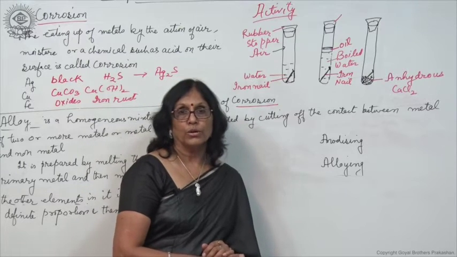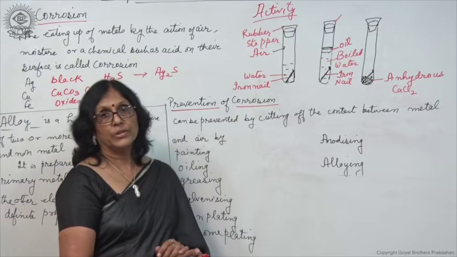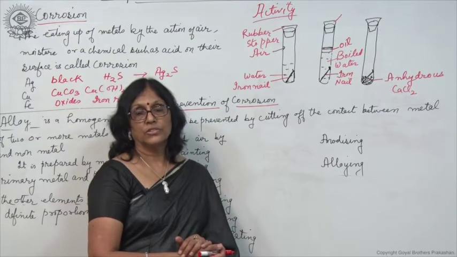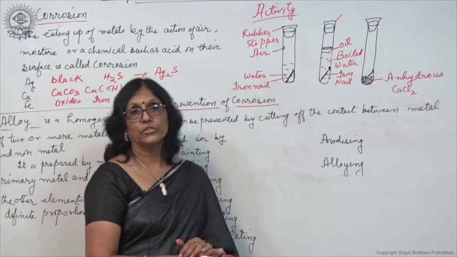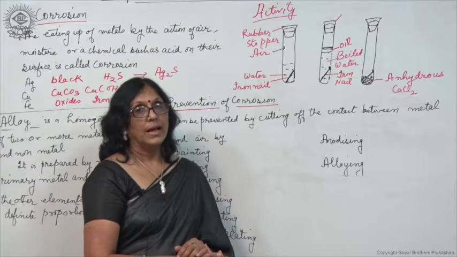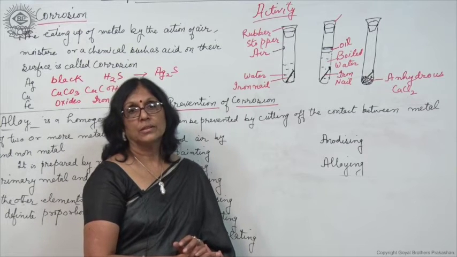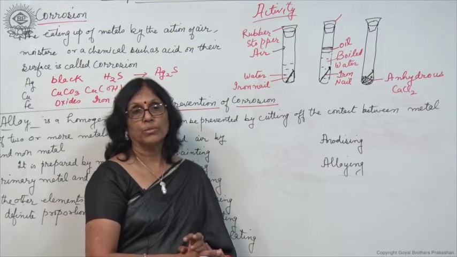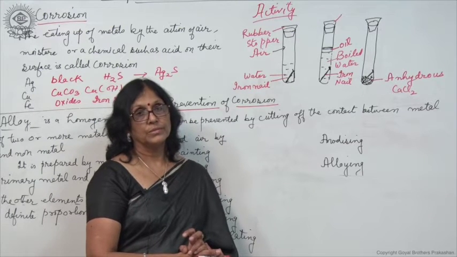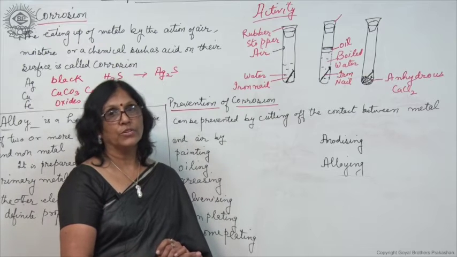Now, as you already know that iron is a very precious metal used for construction of buildings, making of vehicles, bridges, and rusting of iron is a great problem of concern. Rusting of iron should be prevented. Now, how can we prevent rusting of iron?